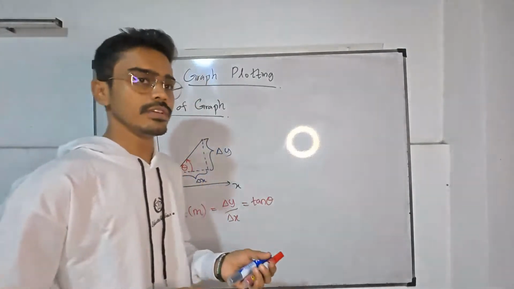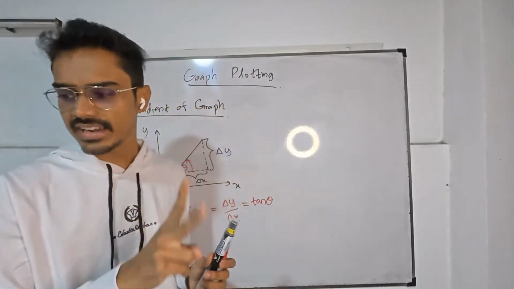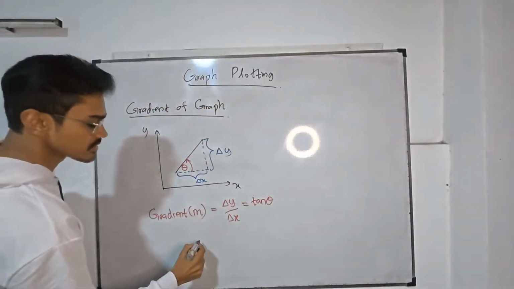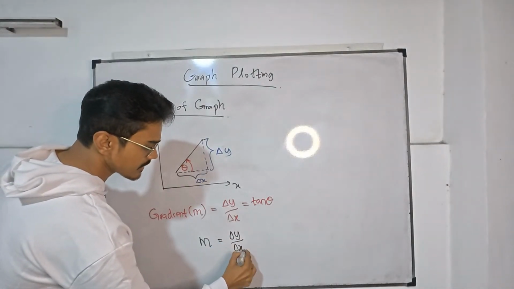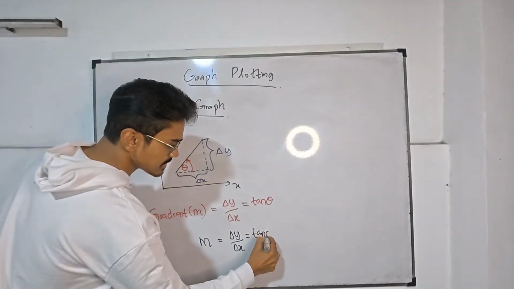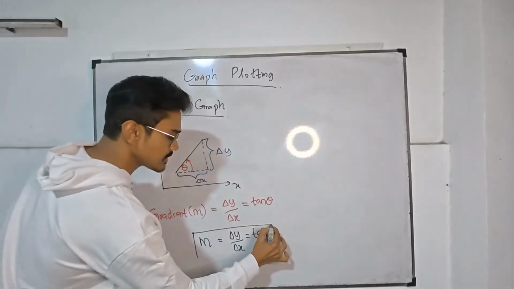So we only have two ways of writing the gradient of any graph. The gradient can be written as either delta y over delta x, or as tan theta. Highlight this.